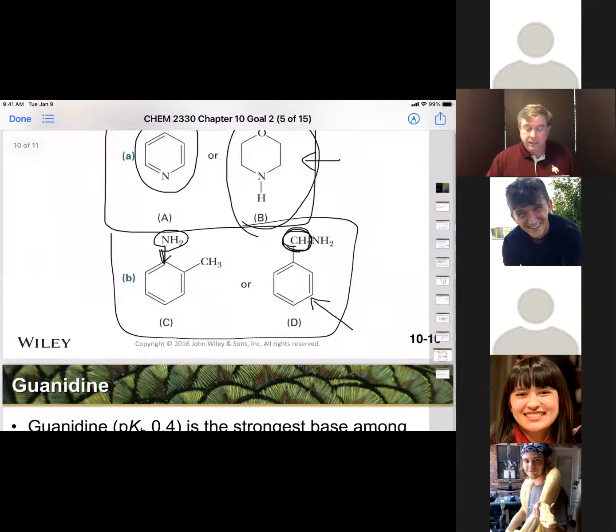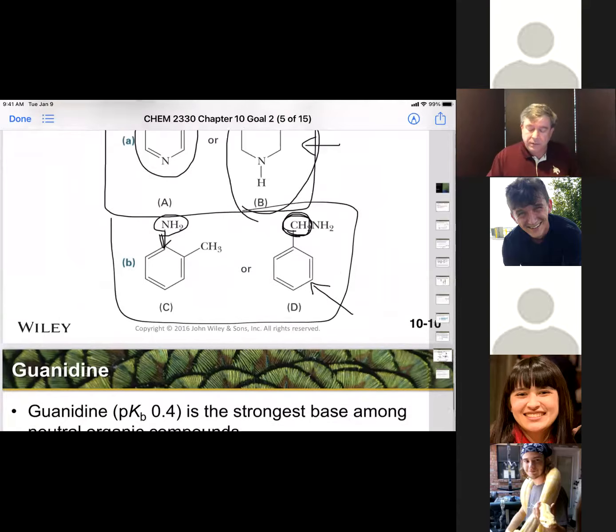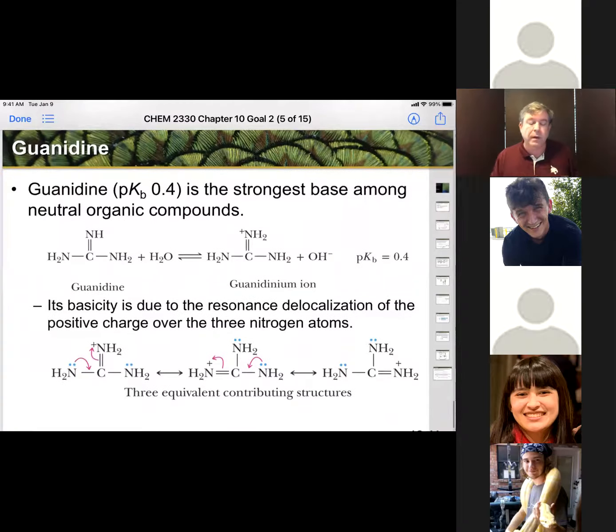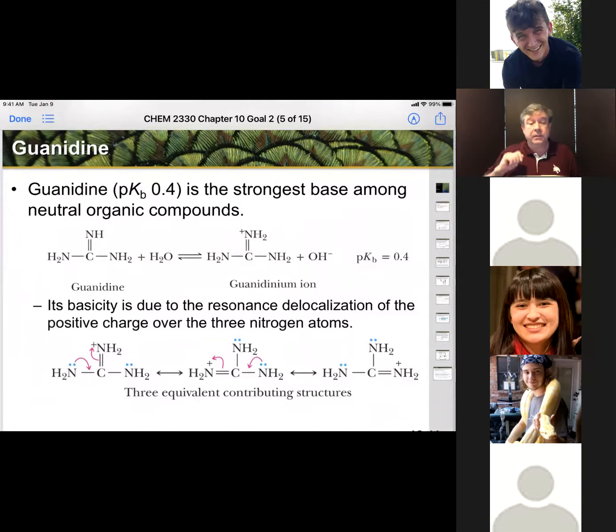Okay, so can we increase the base strength a little bit? Well, the strongest base among the organic compounds is what we call guanidine. The reason it's stronger is because it can delocalize the positive charge out over three different nitrogen atoms because of resonance structures.